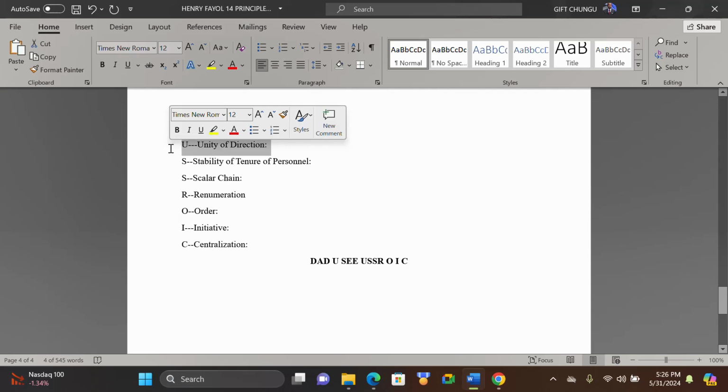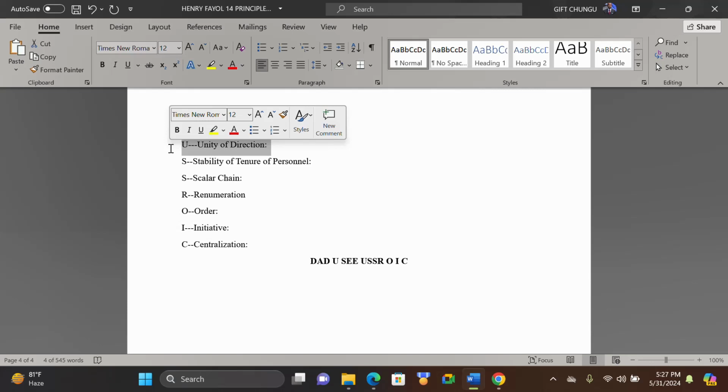It is working towards achieving the objectives or the set goals. You are going to set some objectives that are supposed to be covered, and they should be looked at. That is what we are looking at when we say unity of direction.